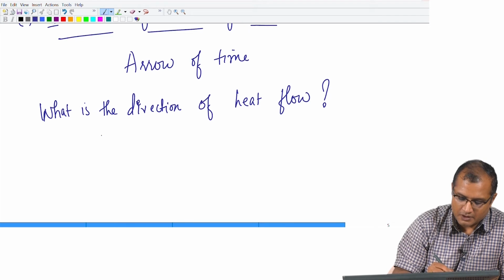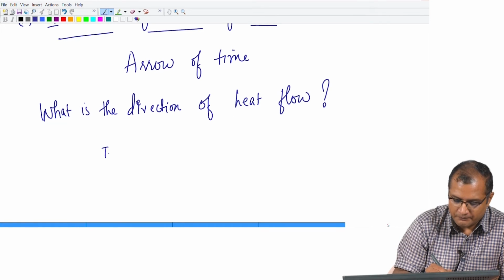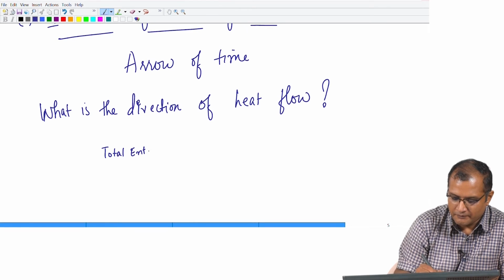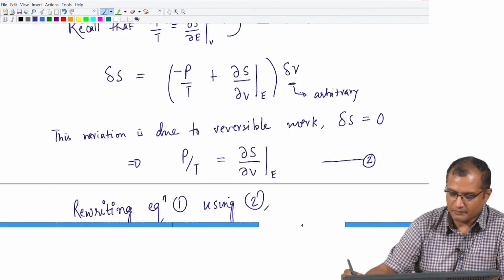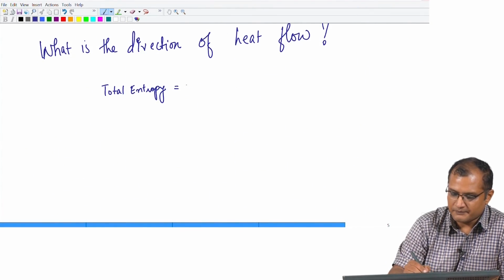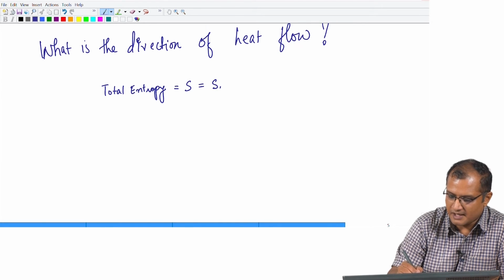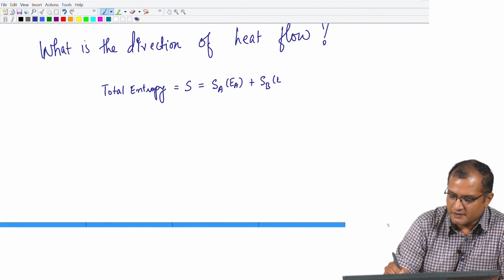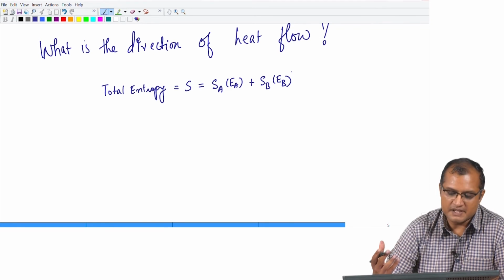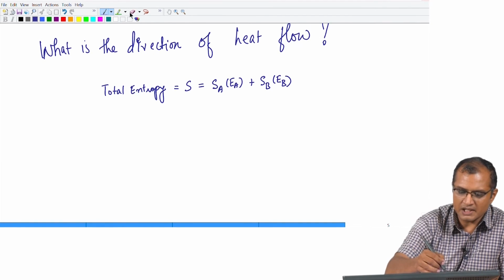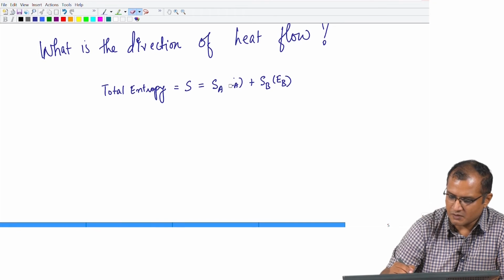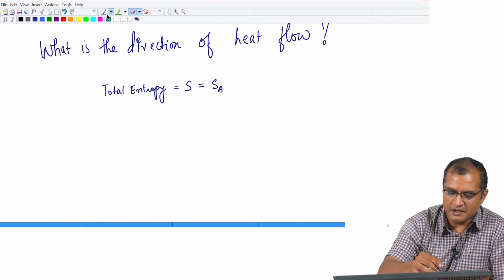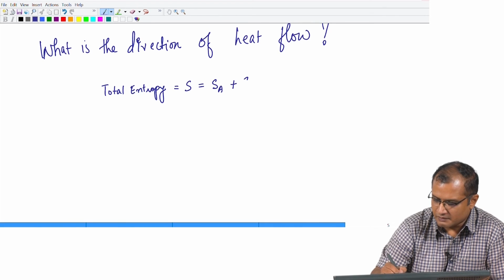So, you can basically say that the total entropy, which is given as S, is nothing but S A as a function of E A plus S B as a function of E B. I will just call it S A plus S B and give the independent variables very shortly.